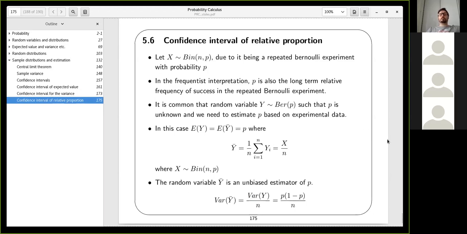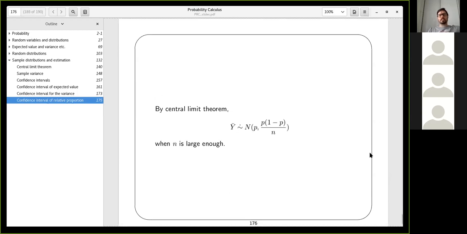So as you see, as we get a larger and larger n, we get smaller and smaller variance, and a more and more accurate description of P. And by central limit theorem, if n is very large, then the sample mean is roughly normally distributed with expected value P and variance P times 1 minus P over n.